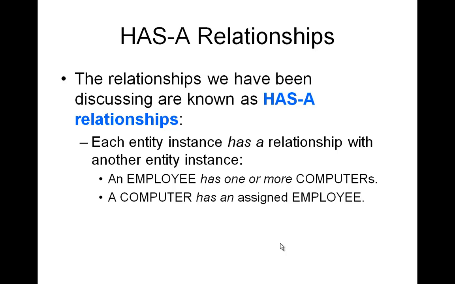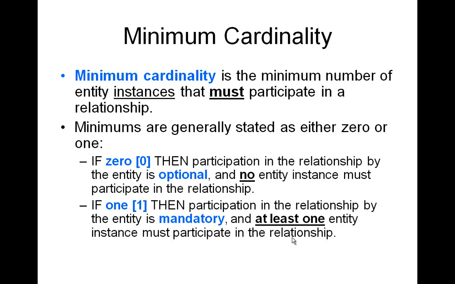For the minimum cardinality, which is the minimum number of entity instances that must participate in a relationship, minimums are generally stated as either 0 or 1. If the number is 0, then participation in the relationship by the entity is optional.